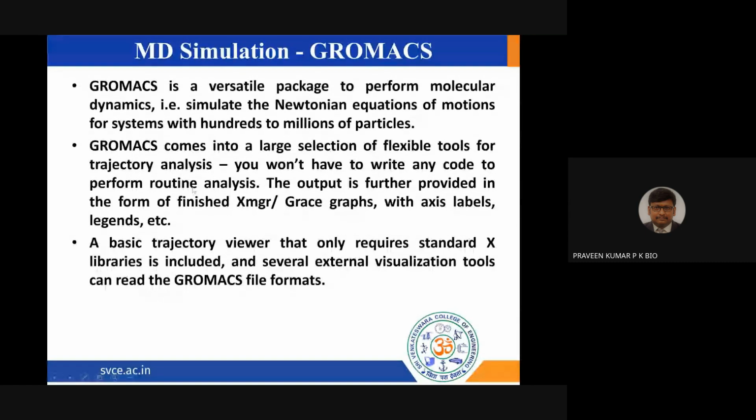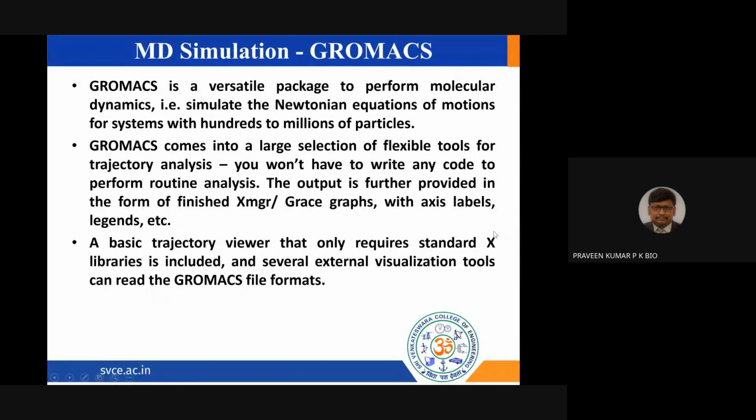Generally in GROMACS, you find various outputs. These outputs can be visualized only at the end, through a software called XMGR. Only through XMGR can we plot the graphs of MD simulation. So GROMACS is not just a single software; if you want to find the final outputs, you have to link with more than 9 to 10 softwares.